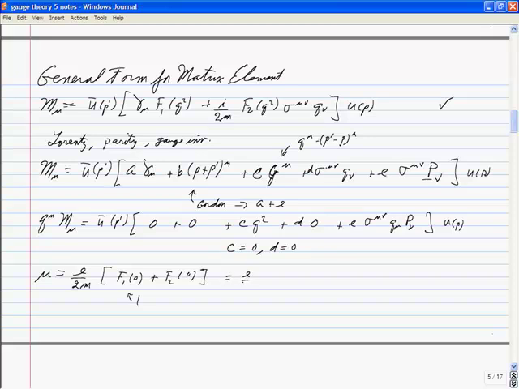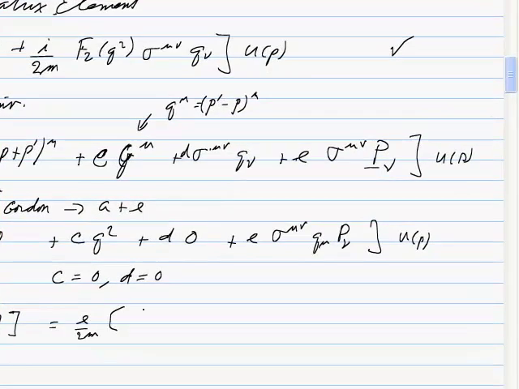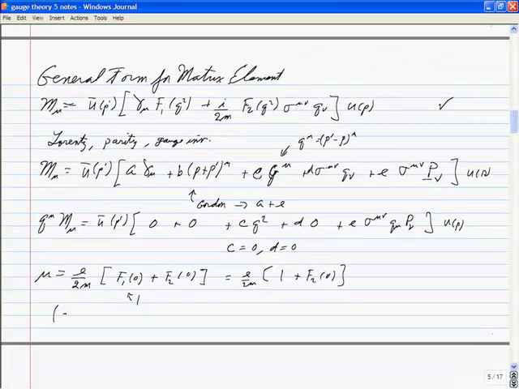So this is e/2m times (1 + F2). And for the calculation that we're doing now, g minus 2 is F2(0). That's our goal: to calculate F2 at q² equals 0.